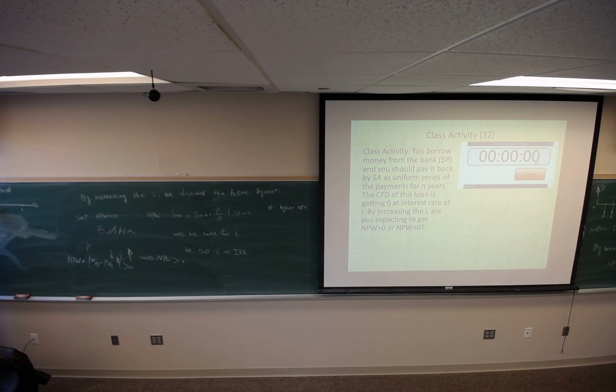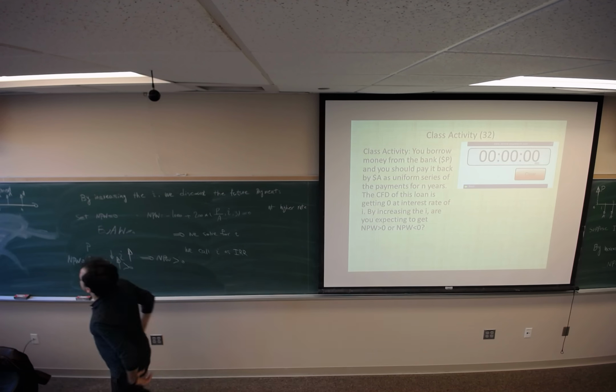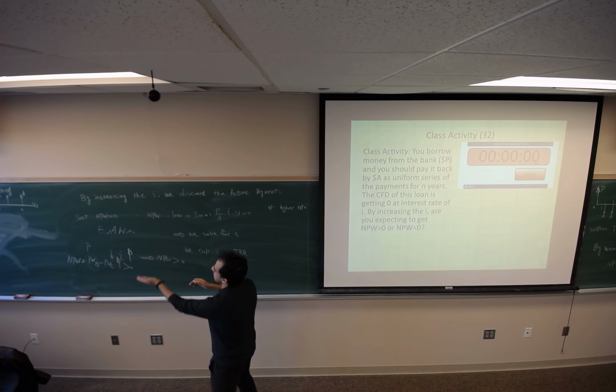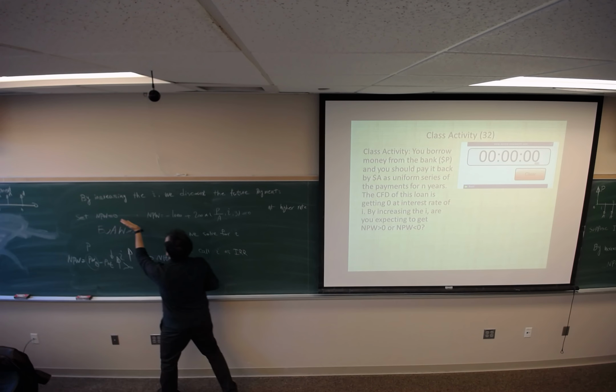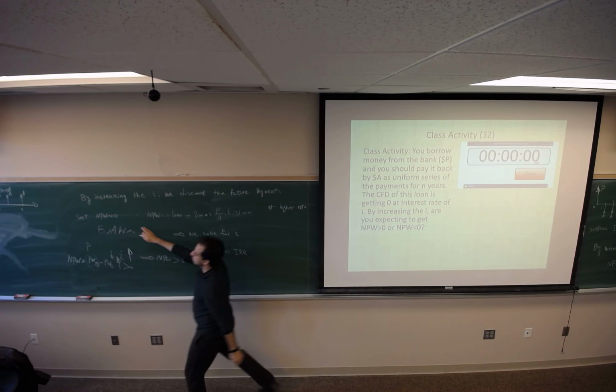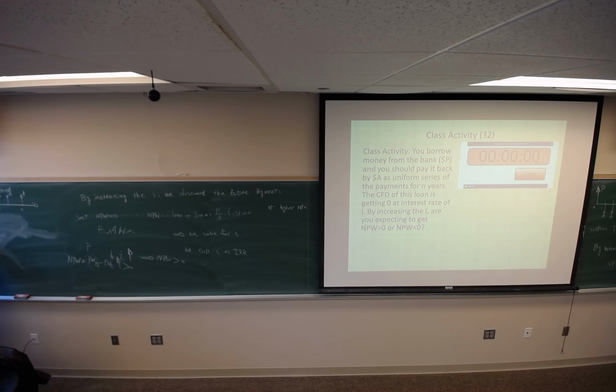So the money that you will receive occurs at future years. So you can set the net present worth, find the I which makes this equal to 0, and say, okay, the IRR for this project is I%.